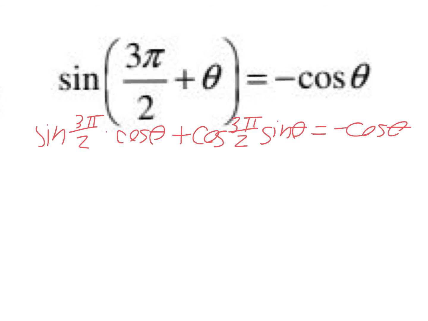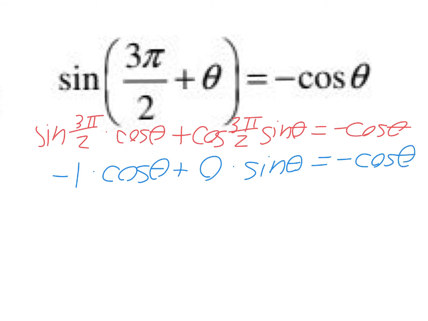If we consult our unit circle, the sine of 3 pi over 2 is negative 1. The cosine of theta is still the cosine of theta. The cosine of 3 pi over 2, though, is 0 times the sine of theta. Is that equal to the negative cosine of theta?